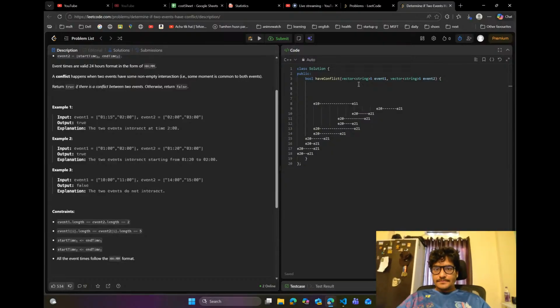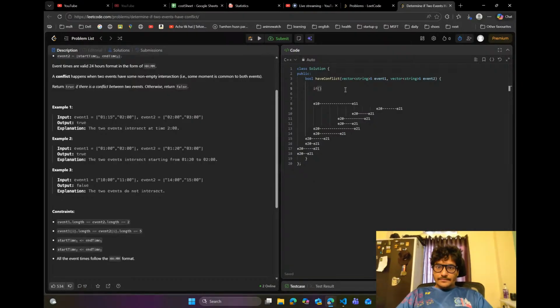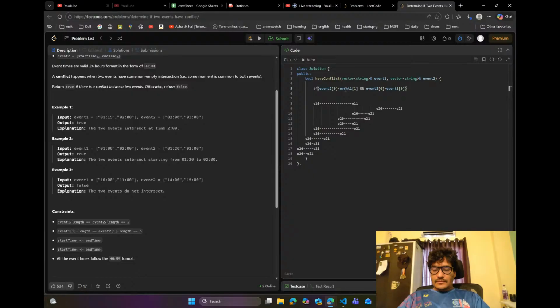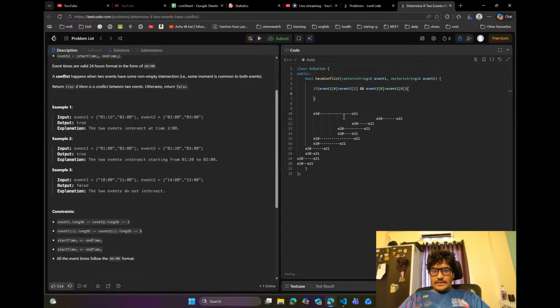Okay, so if e20 is less than event 1 and event 2 0 is greater than event 1 0, means it is present in between these two.